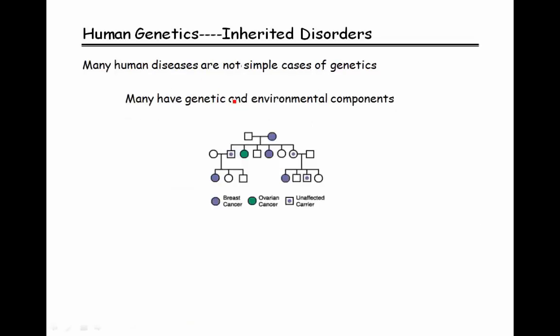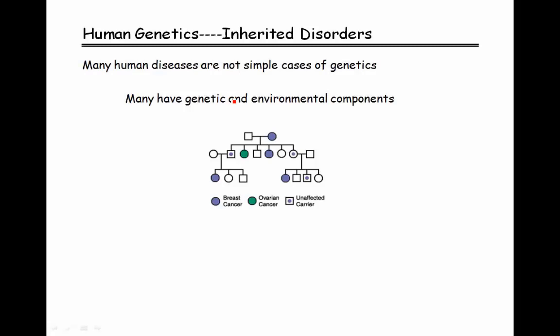Now, many human diseases are not simple cases of genetics. Many have both genetic and environmental components. Heart disease is a very good example of this. Many people know that heart disease runs in their family. That does not necessarily mean that they are going to get heart disease. There are certainly environmental things that you can do to help control your risk.